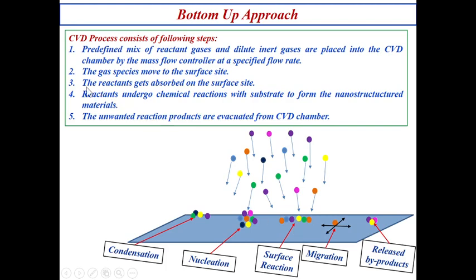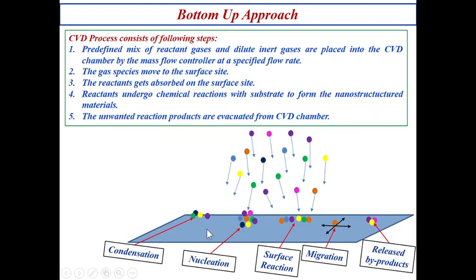The reactant gets absorbed on the surface side. These reactants, the atoms and molecules, are absorbed on the surface of the substrate. This is absorbed by the process of condensation. Then, after absorption, reactants undergo chemical reactions with the substrate to form nanostructure material.